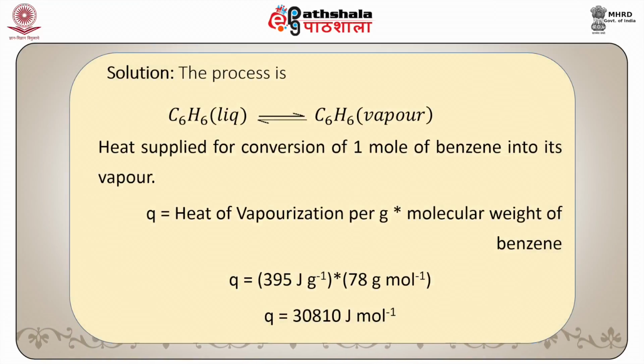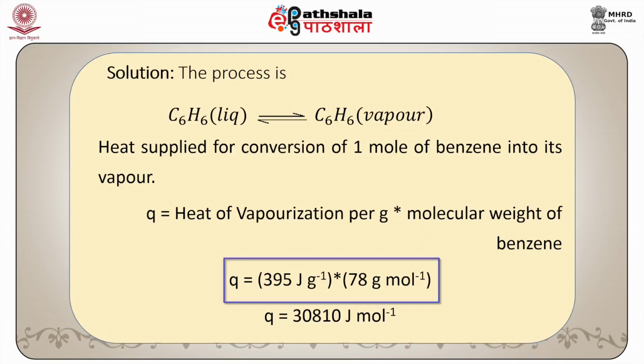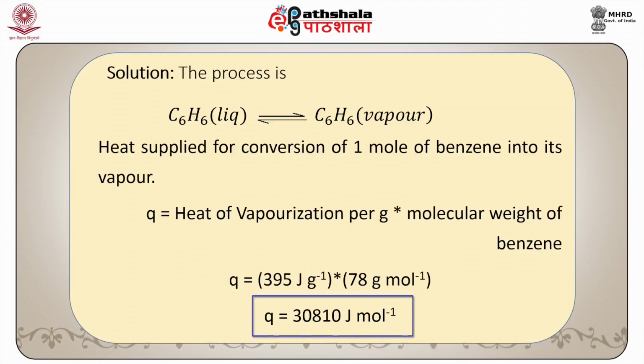Since the process is benzene in liquid state in equilibrium with benzene in vapor state, heat supplied for conversion of 1 mole of benzene into vapor, Q, is heat of vaporization per gram into molecular weight of benzene, which is 395 joules per gram into 78 grams per mole, which is equal to 30810 joules per mole.